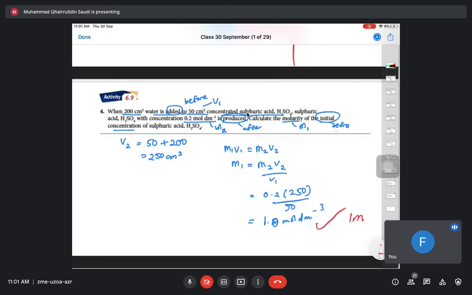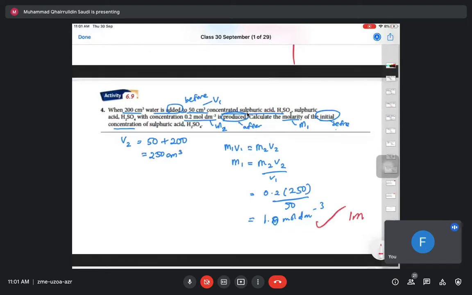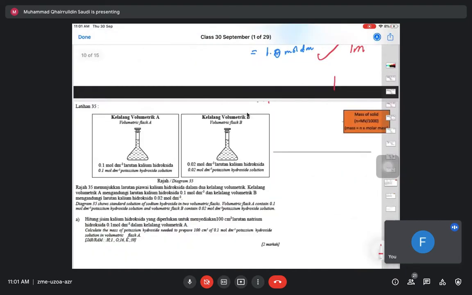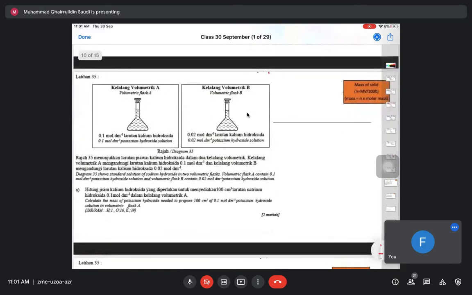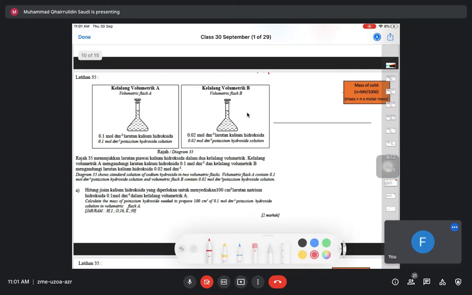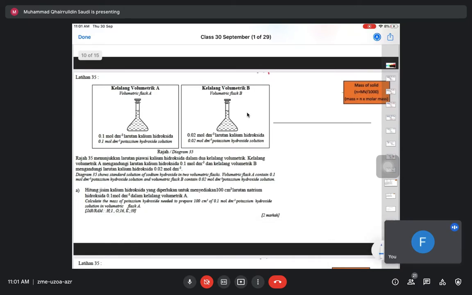Okay, so next we will go back to our module. Question 35. Ready? Okay, let us read the question first. Diagram 35 shows standard solution in two volumetric flasks.